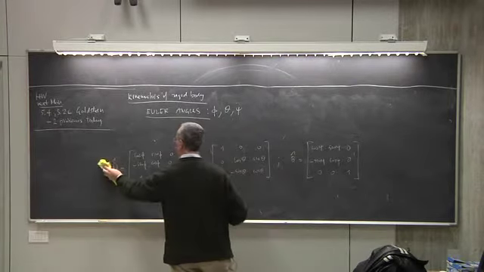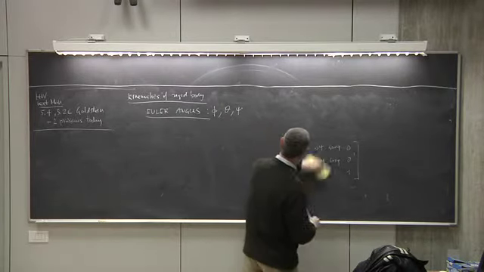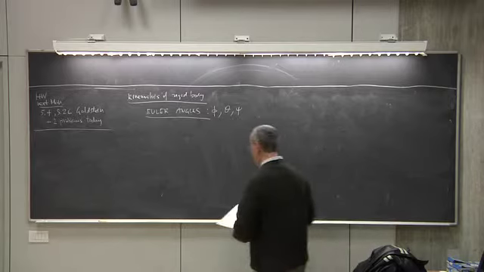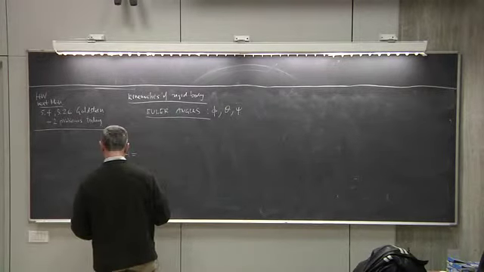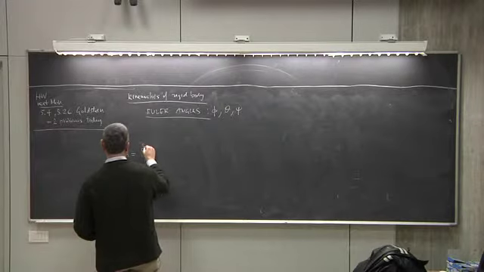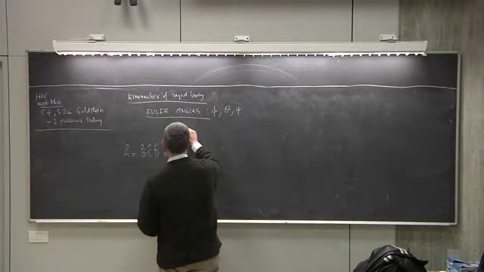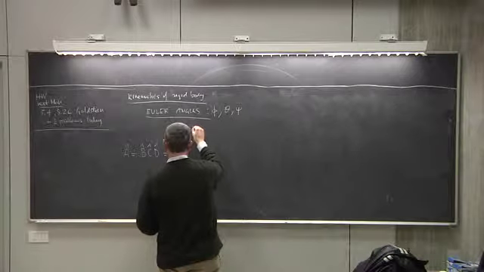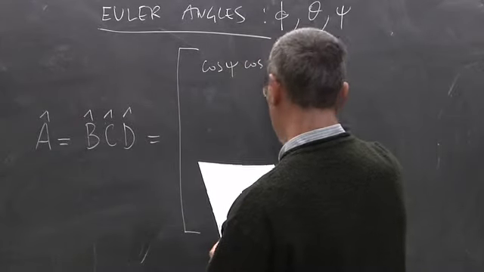And so, can I erase this? Yeah. So the final result of this matrix, that is the product of the 3 matrices that I just wrote, well, you find it in any book, but let's write it in all its glory.